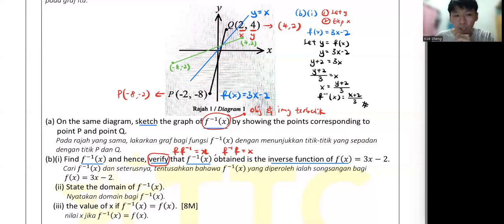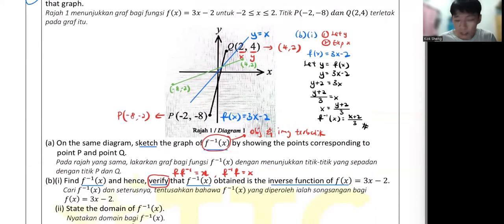Why do you have to verify this? Remember the concept I mentioned from the question in 2023? Right here again: f times f negative 1 equals what? f to the power of 0.